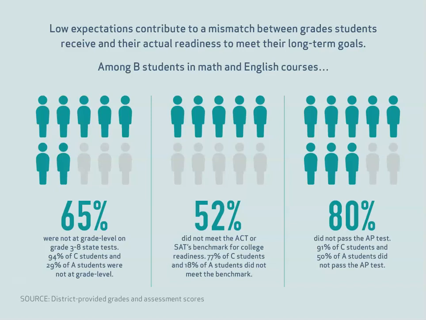For example, 80% of the students who got Bs, or for that matter, 50% of the students who got As in their AP classes did not pass the AP assessment and earn college credit, even though their grades had communicated to them that they were on track.